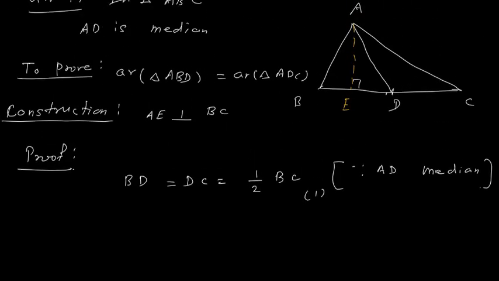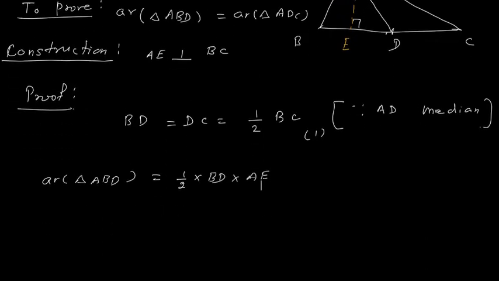Now area of triangle ABD is half into base, which is BD, into height, that is AE. This is the area of triangle ABD. Let us mark this as equation 2.